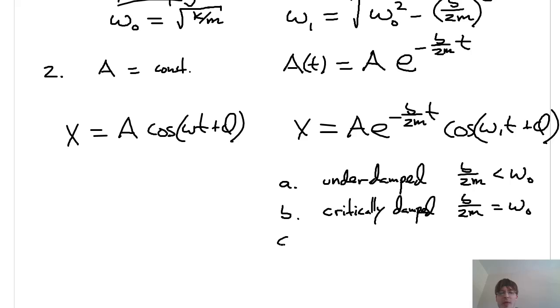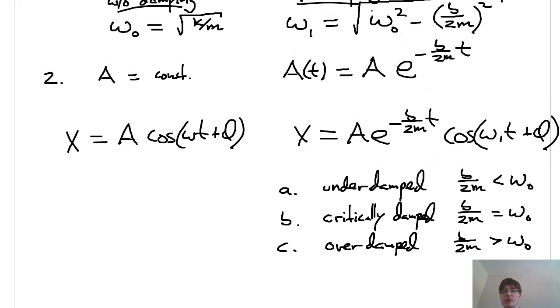And then if it's bigger than that, you call it overdamped. b is so big that b over 2m is greater than omega naught. And then in that case, there's no vibration there either. You can tell that because omega 1, the square root becomes negative, indicating imaginary frequency, which actually indicates just even stronger damping effect.